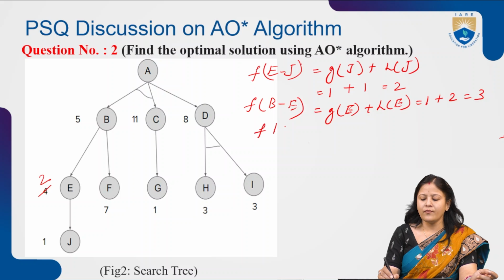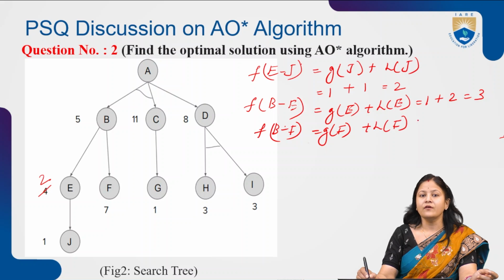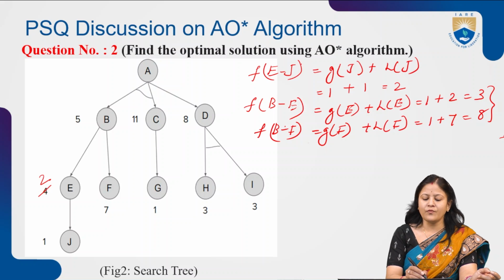Similarly, F of B to F is equal to G of F plus H of F. What is G of F? It is 1, and H of F is equal to 7. 7 plus 1 is 8. So between these two, what is the minimum value? 3. Then what was the B value before? B value before was 5. Now we have to change it to 3.